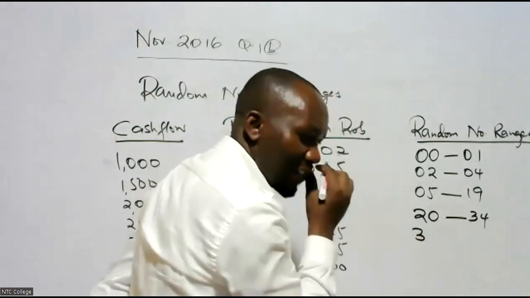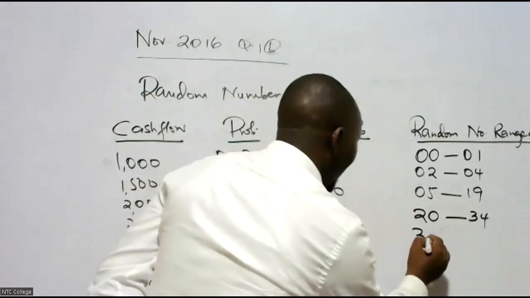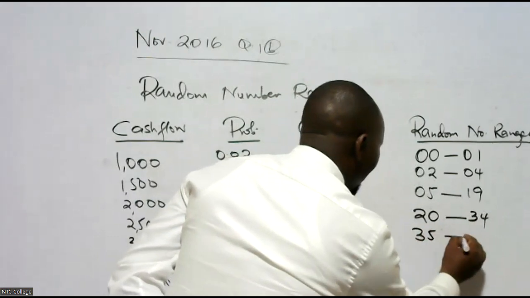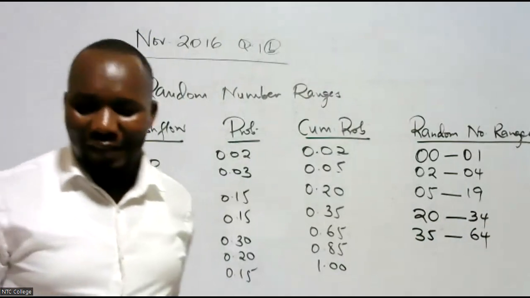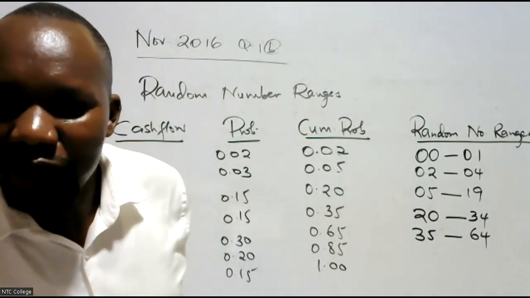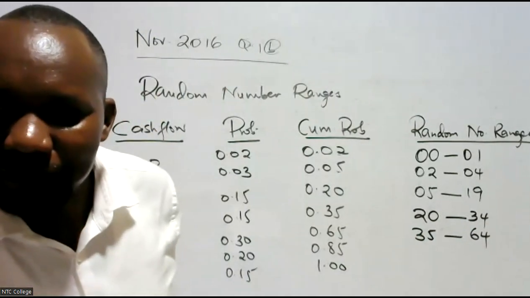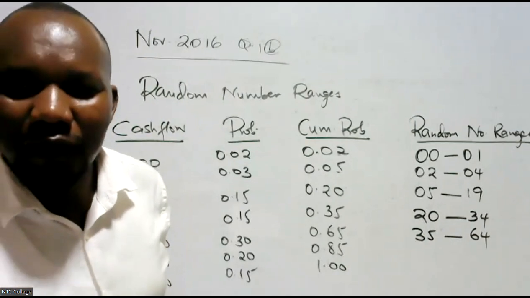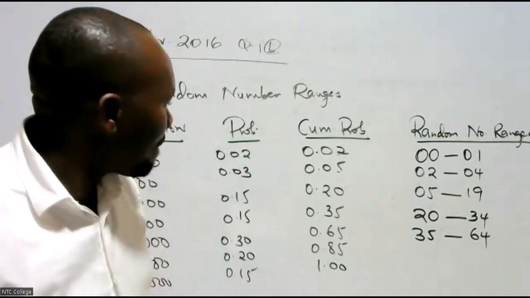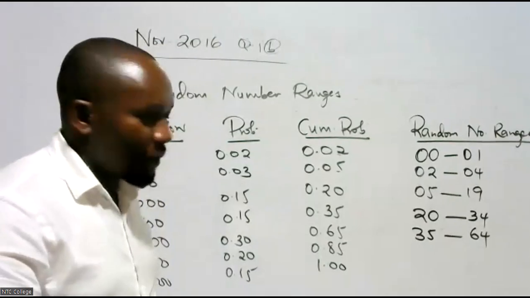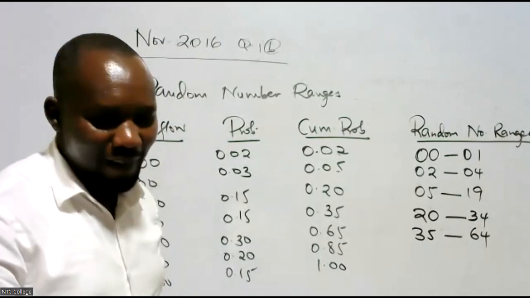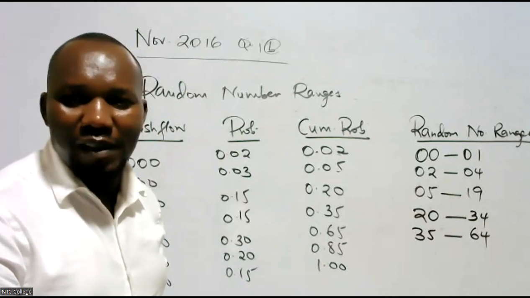Exactly. Just be courageous and be confident. You are right. 35 to 64. I want somebody else. I want Simon or Joel to tell me.